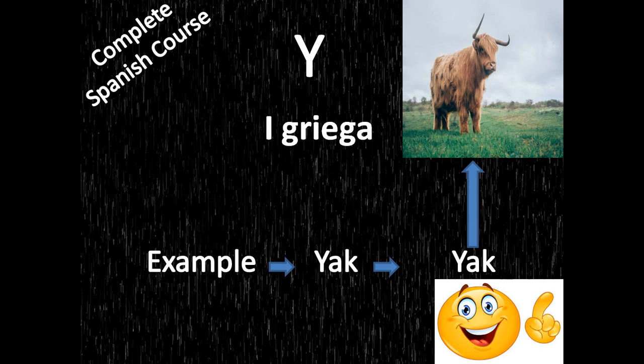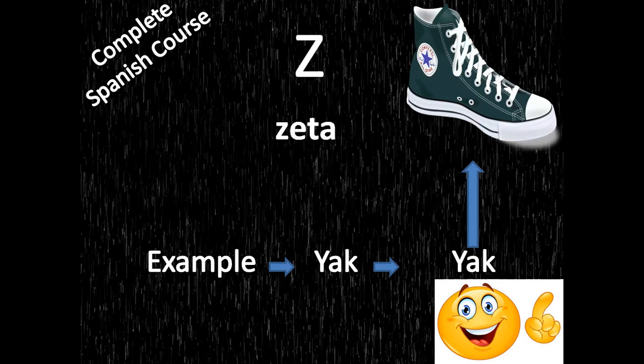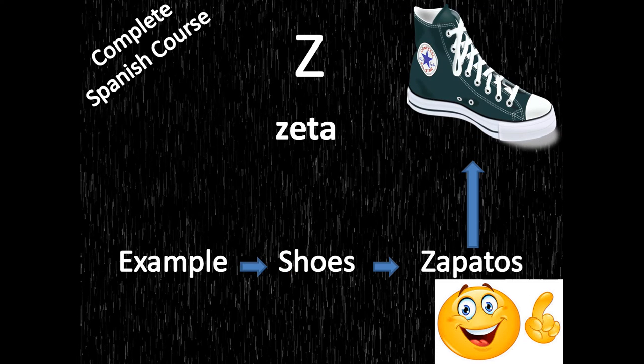Example, yak. Yak in English is called yak in Spanish in the same way. Next letter is Z. Letter Z is sounded as zeta. Example is shoes. Shoes is called zapatos.